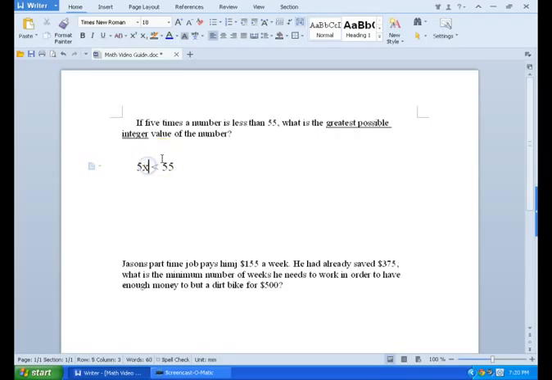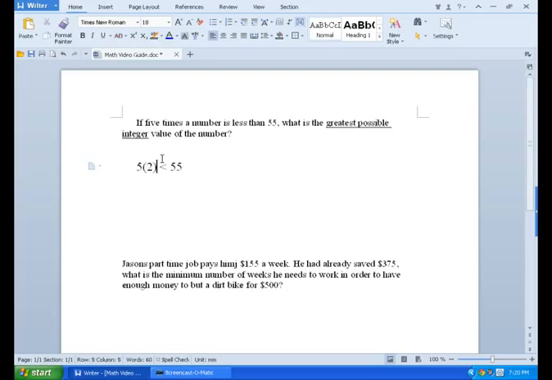Let's see, for example, if you do 5 times 1, that's 5, which doesn't make sense because it's not really an answer for that. 5 times 2 is also not right.